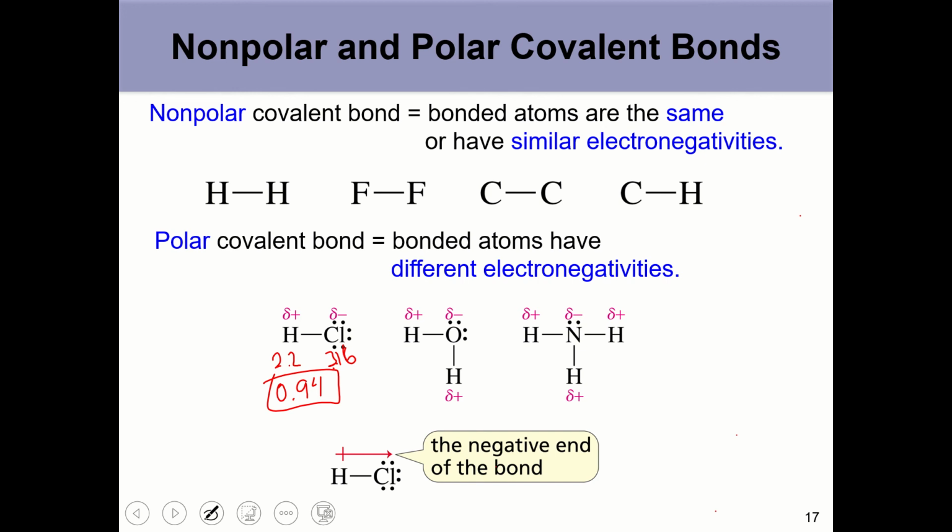The atom that has the higher electronegativity value, the highest one being fluorine. If you remember, electronegativity increases to the right and up on the periodic trend. So to the right and up is increasing electronegativity.